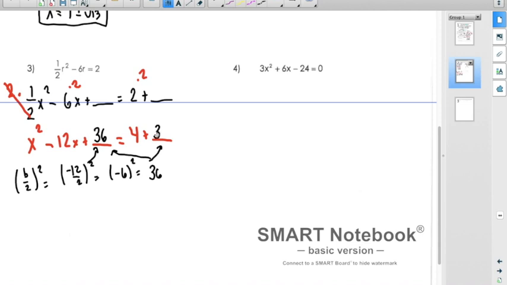Now, once we fill in that blank, we now have a perfect square trinomial that we can solve. What multiplies to 36 but adds to negative 12? Well, that's negative 6 and negative 6. So the left side becomes x minus 6 squared equals 4 plus 36 is 40.